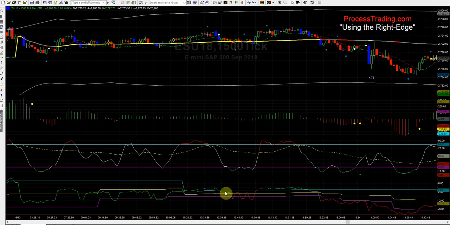Volatility is much better than no volatility for the day trader. In fact, if these channels compress just a little bit more, the cyan and magenta lines themselves would turn yellow, and that is representative of not enough volatility to even consider trading.